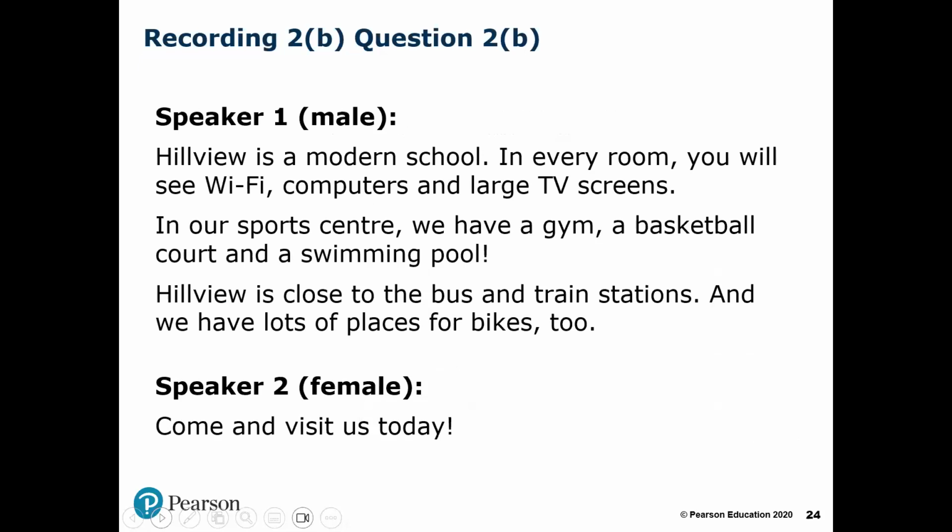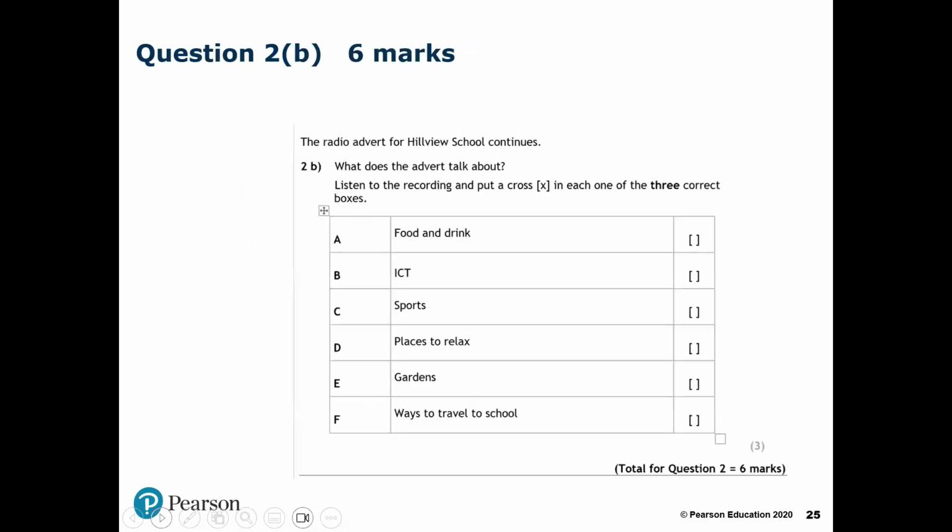Question 2B then continues, and we see the transcript there. I won't read the whole transcript out to you. You can read and assimilate. But again, it will do that same thing. It has those 3 correct boxes, 3 out of 6 that they have to choose according to what they've heard.